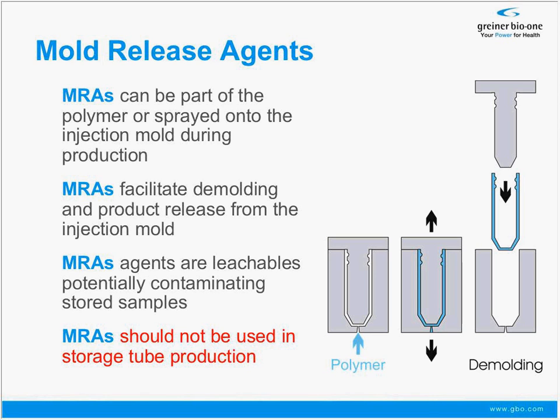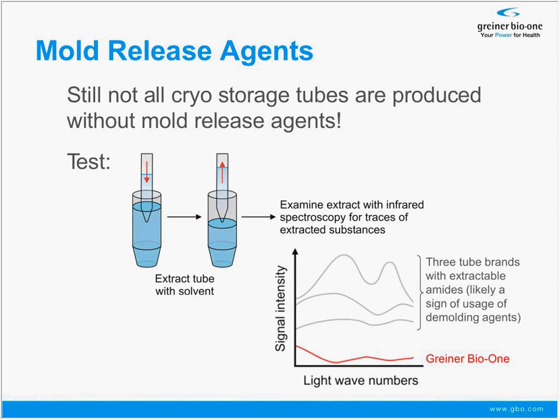But they bear the risk, of course, that these substances could diffuse into the stored sample. So there is at Greiner Bio a strict rule to not use these injection molding release agents. We were just interested to see how storage tubes that are available today perform, and if there's a sign of some of these tubes being contaminated with such substances.